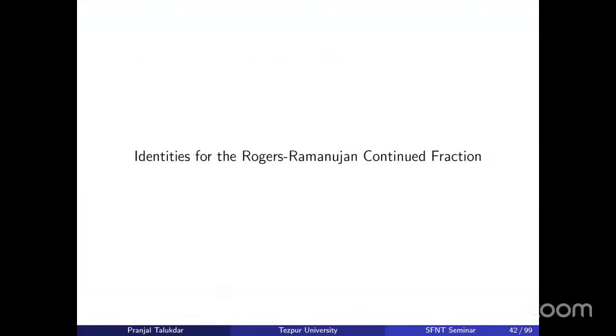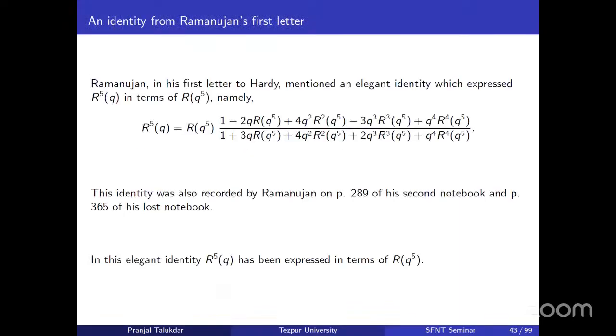Next, we move to the second topic of today's talk, which is identities for the Rogers-Ramanujan continued fraction. So Ramanujan, in his first letter to Hardy, mentioned an elegant identity which expressed R(q) to the power 5 as a function of R(q^5).